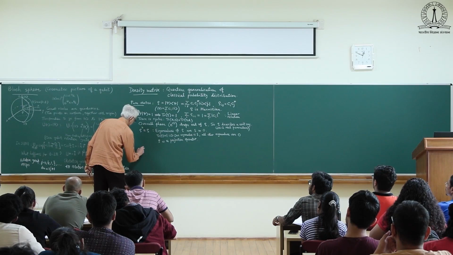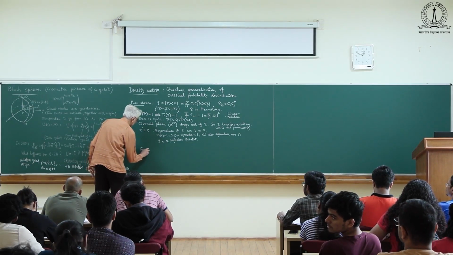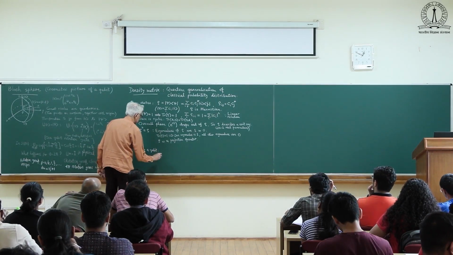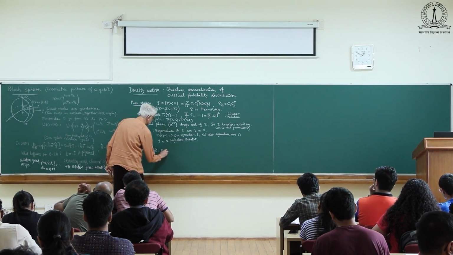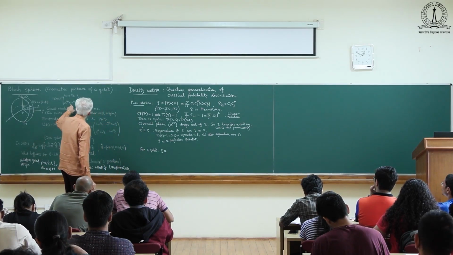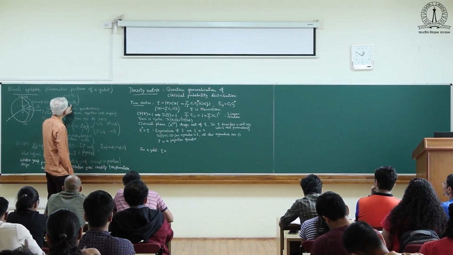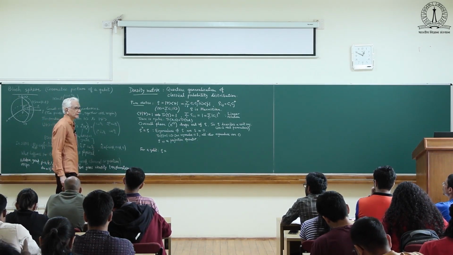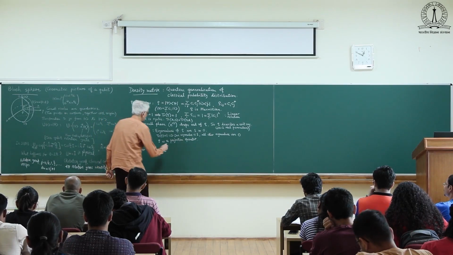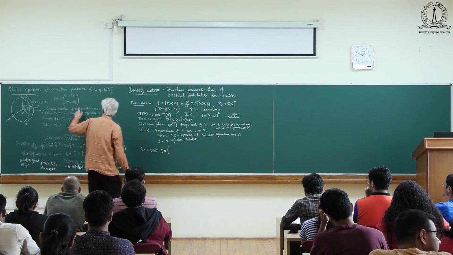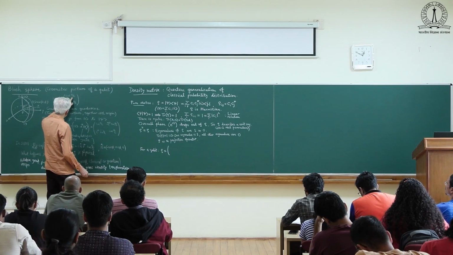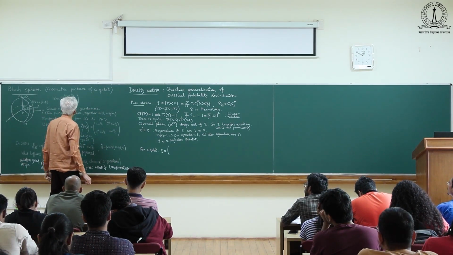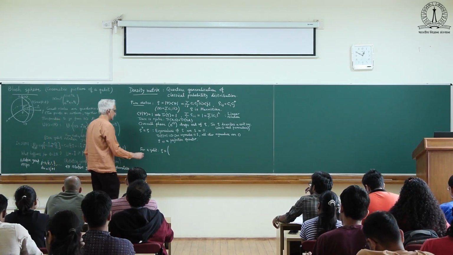For a qubit, multiply this by its complex conjugate transpose. So you will get this: multiply its transpose, multiply all the elements one by one.